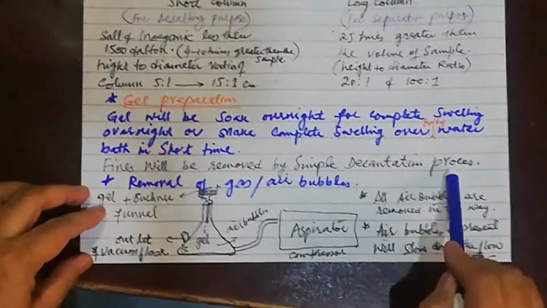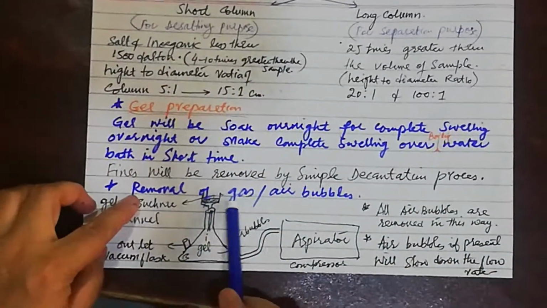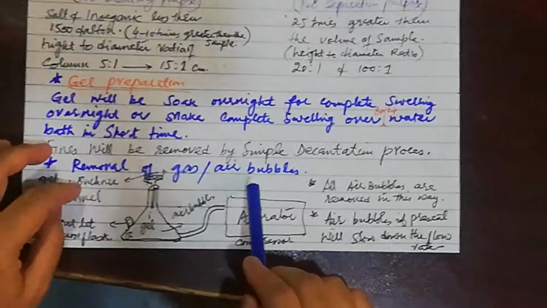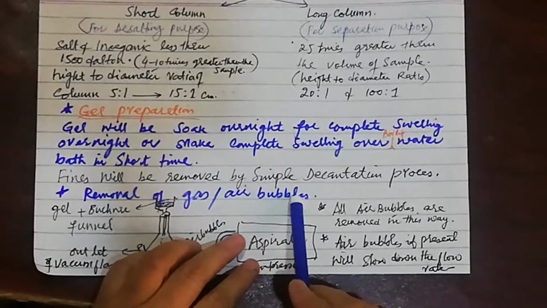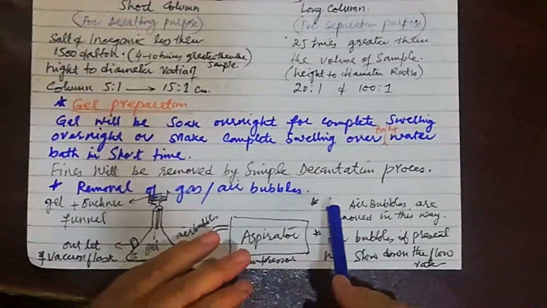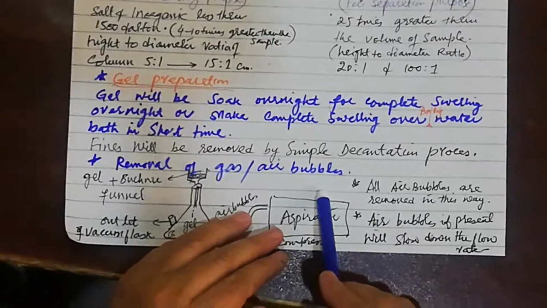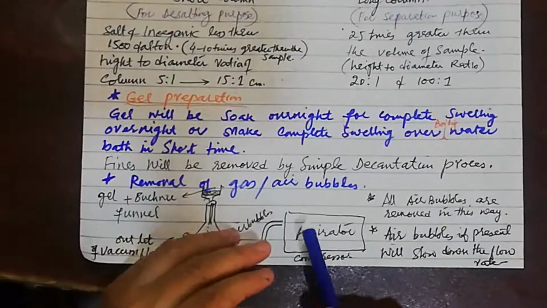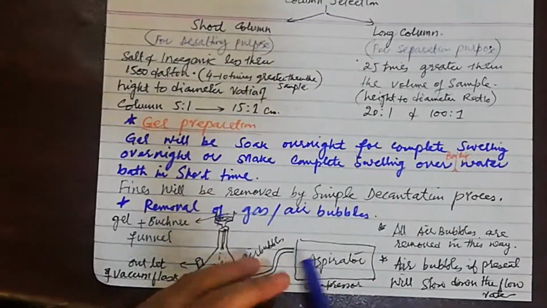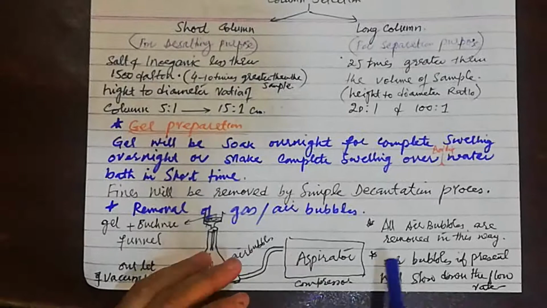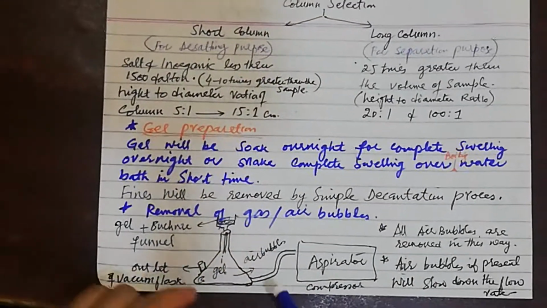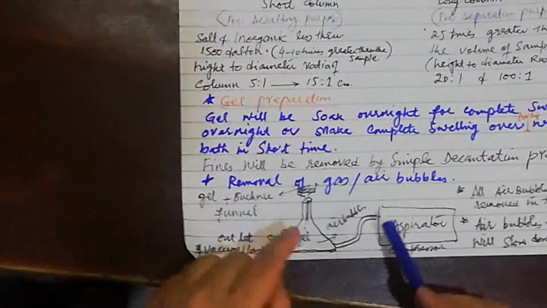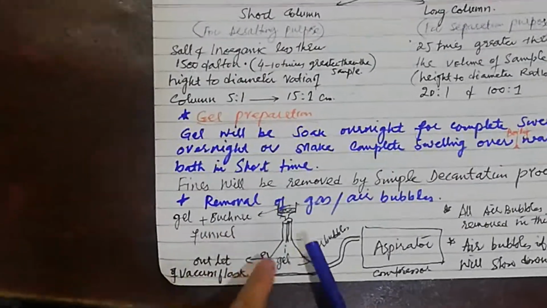Also remove gas or air bubbles from the gel, because these can slow down the flow rate of the column, and when the flow rate slows down, you cannot get good resolution or separation on the basis of the size of the protein.